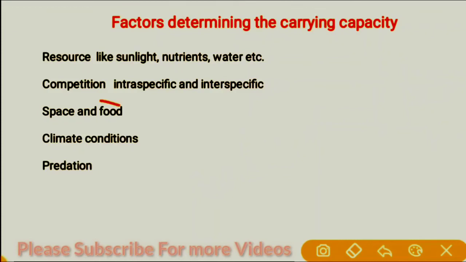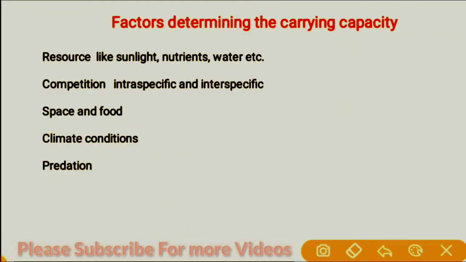And space and food. If there is less space, there will be less carrying capacity and less intrinsic rate. If there is less food, then also less carrying capacity as well as a smaller population. The climate condition also affects them, directly or indirectly.